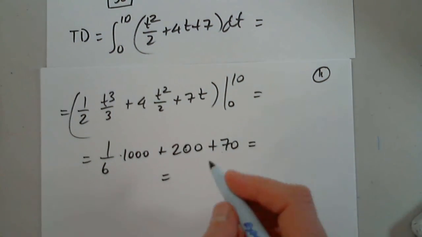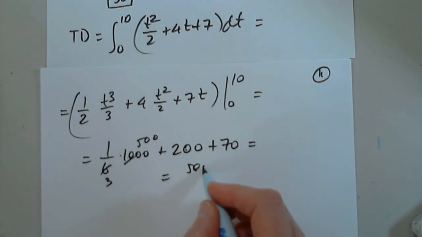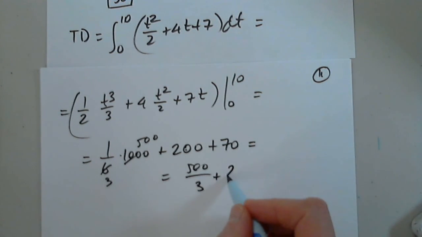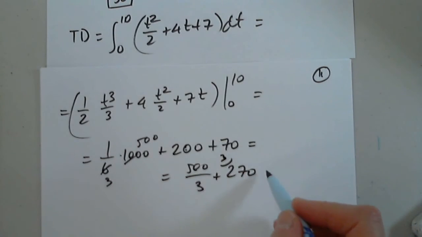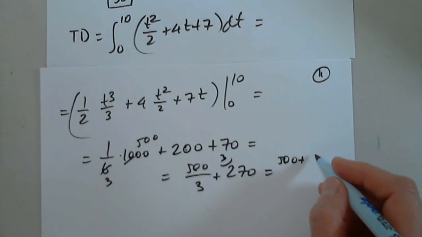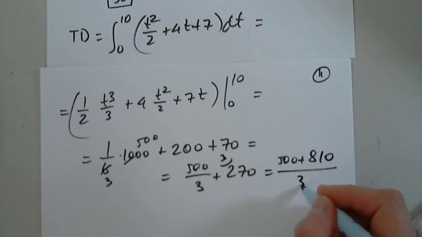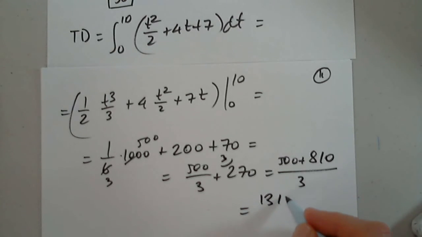It'll simplify. So 500 over 3 plus 270, and I multiply this by 3. So 500 plus 810, which is 1310 over 3.